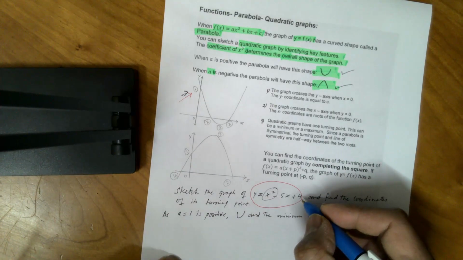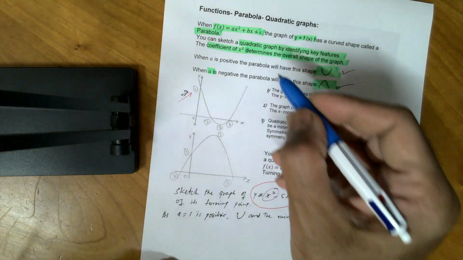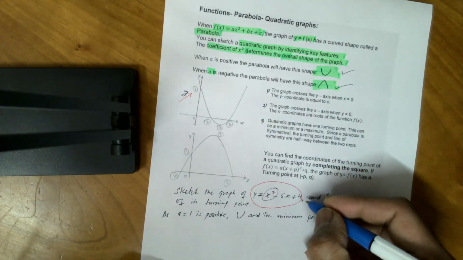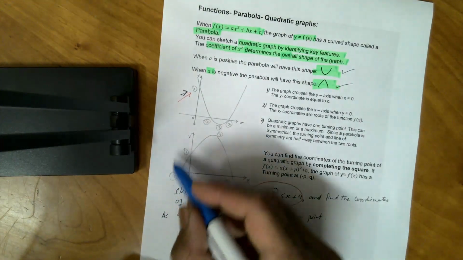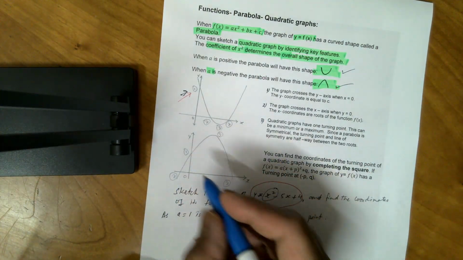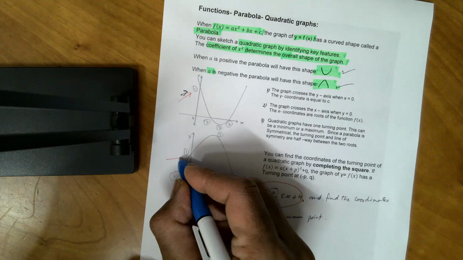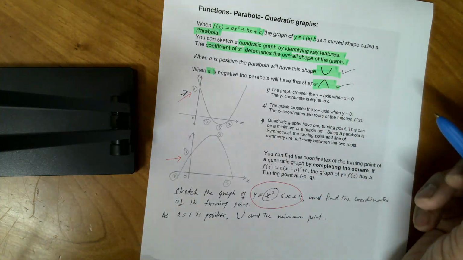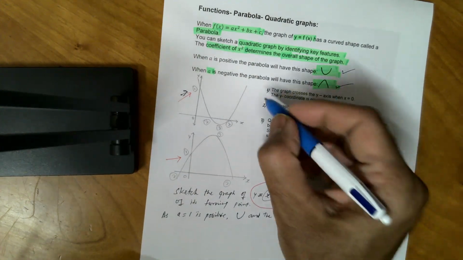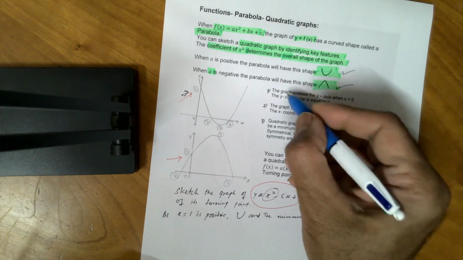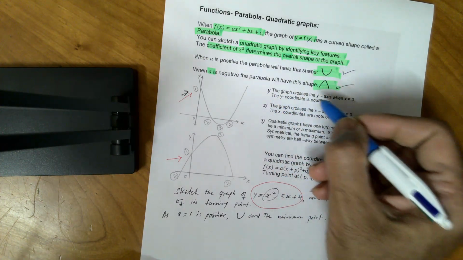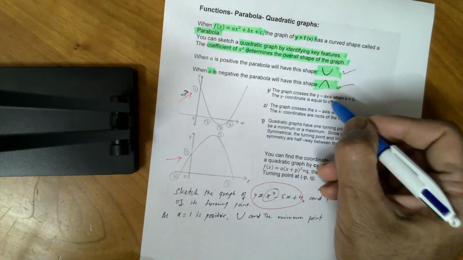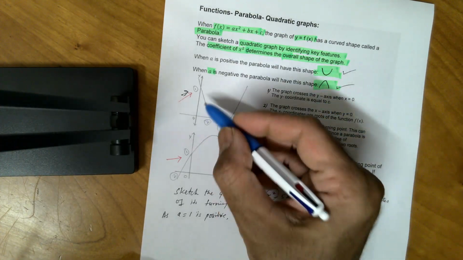According to this equation, that is your c. The first key is that the graph crosses the y-axis when x is equal to 0, and that's what you got here.